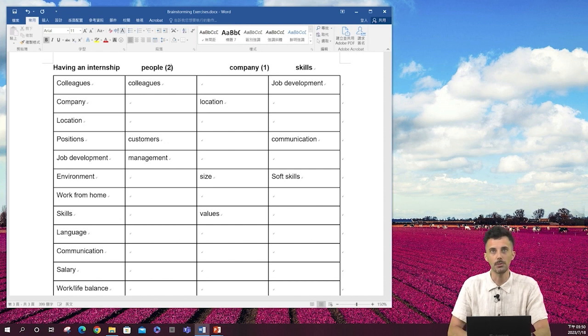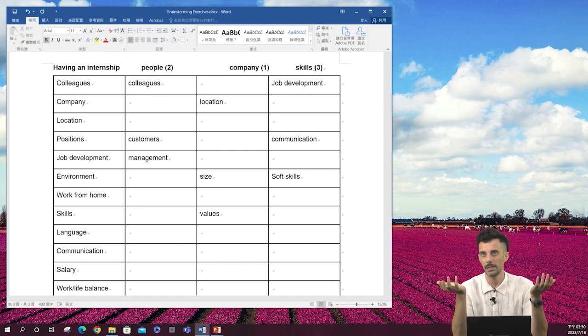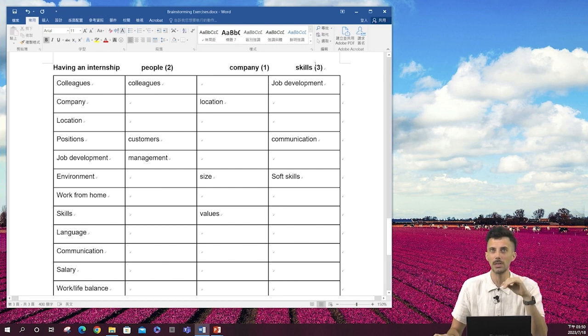Meant to write number 2. And skills would be your third thing. I would always put that at the end, because that's something you can explain more about how you had an internship. You can basically use this outline if you ever have to do a presentation about your internship. So we're kind of cheating.